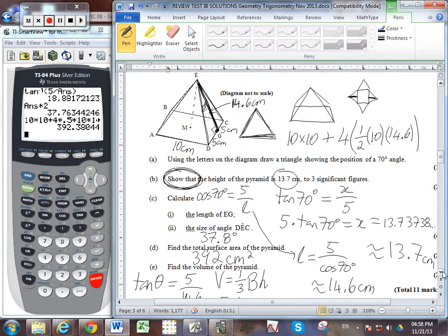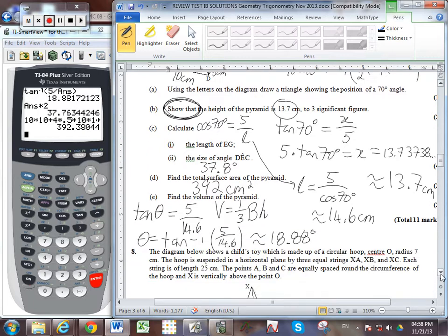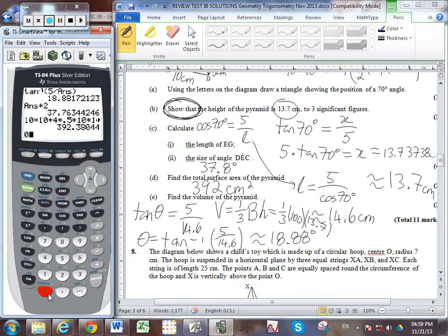So we've got 1/3 times 100, with the area of the square base, times the height, which was 13.7 or so. I don't know if I'm going to be able to remember what the exact amount was. So I guess I'll just use the rounded value for now. Actually, let's just go 1 divided by 3.